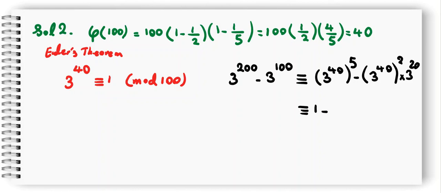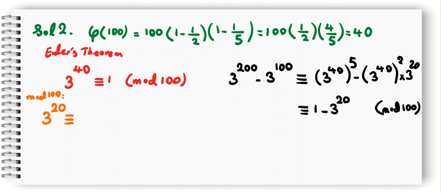So it will be 1 minus 3 to the 20 mod 100. Now in this step, we should focus on calculating 3 to the 20 mod 100.